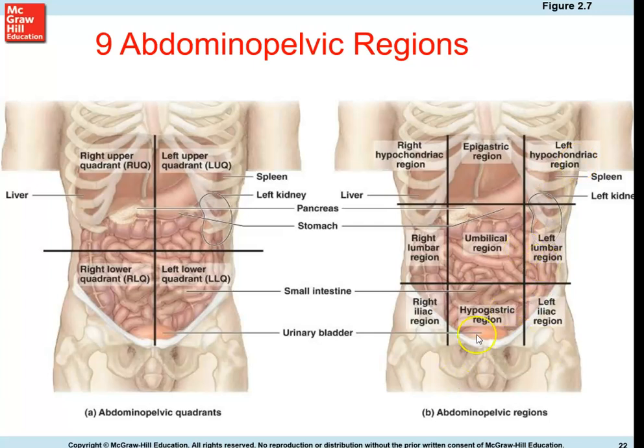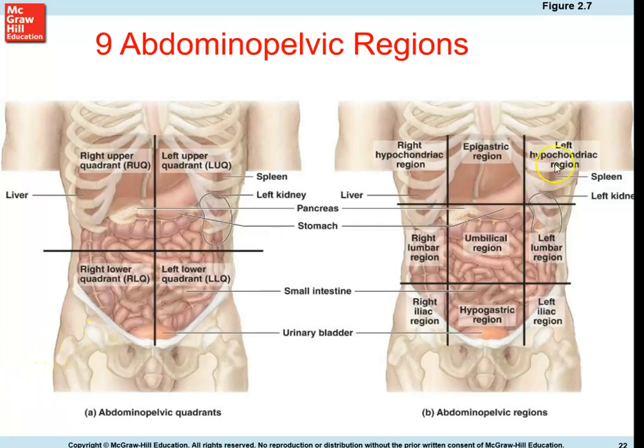You have the left lumbar region, lumbar being lower back, and you have the left iliac region here. And the iliac region is this kind of crease in the thigh between the thigh and the abdomen. And on the patient's right side, right iliac region, right lumbar region, and right hypochondriac region.